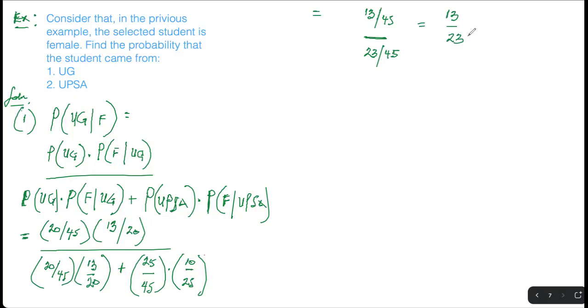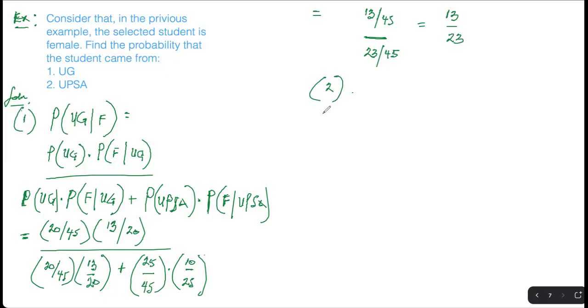All right. Secondly, number two. This time around, we want to find the probability that the female student chosen comes from UPSA.